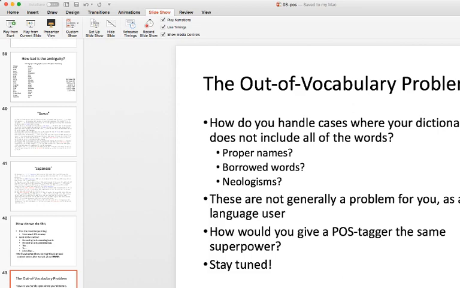Right. So you could compute the probability of a particular part of speech happening after a sequence of other parts of speech, and use that to figure out the part of speech of the unknown, out-of-vocabulary word. That's really what you'll learn how to do, an elegant way of doing that, next time.